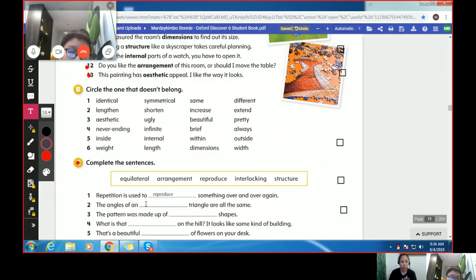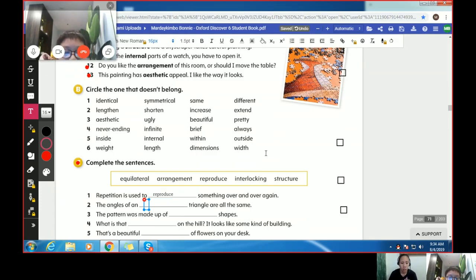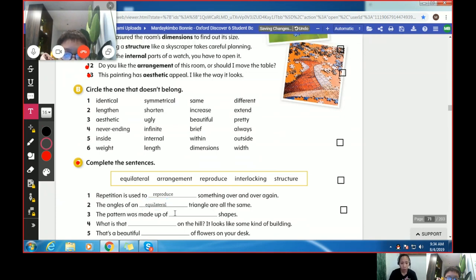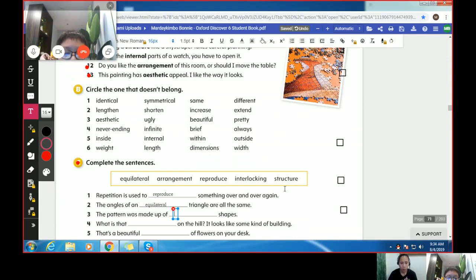The angles of an equilateral triangle are all the same. Very good. Number three. The pattern was made up of interlocking shapes. Interlocking. Very good.